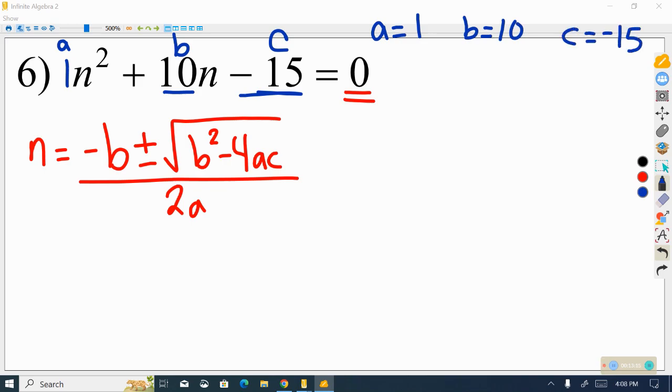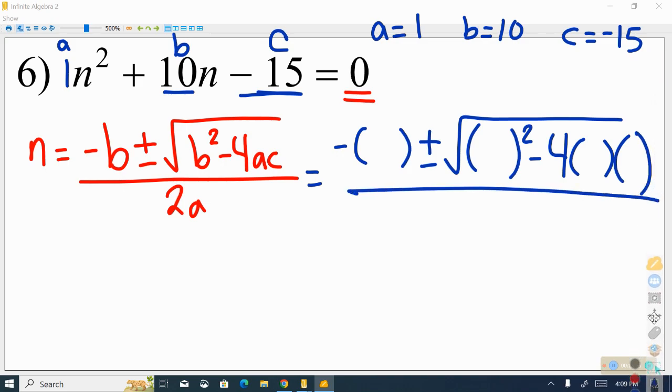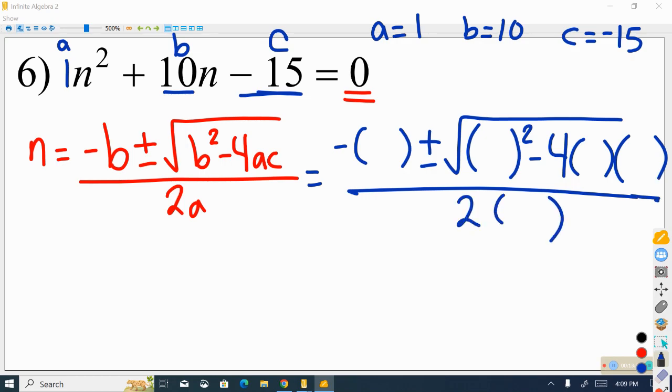As I told you in the last example, we'd be having blank parentheses everywhere where we see a letter, and we would then plug in the numbers after we have all of our places for them to go into. So here we go.